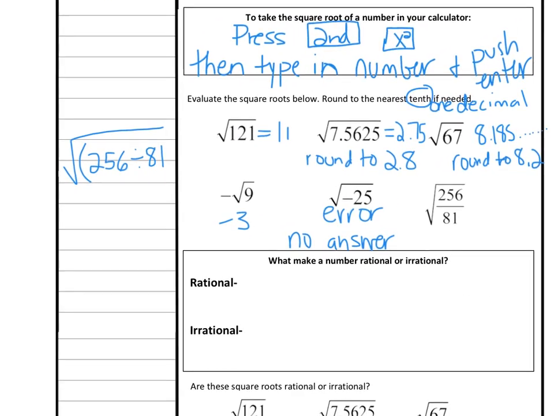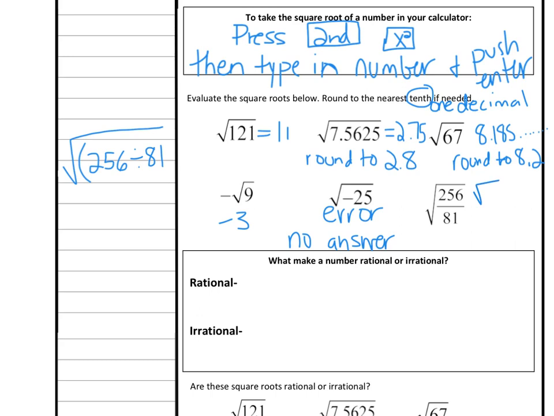But also, you can separate it into just do the top part and just do the bottom part, and then take the answer for both of them. So if I just do the top part, the answer is 16, and if I just do the bottom part, my answer is 9, so I get this fraction. And it's okay to leave our answers as fractions, so I'm going to leave it just like that, 16 on top of 9.